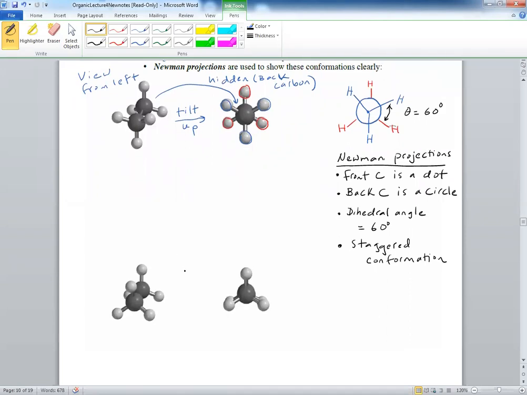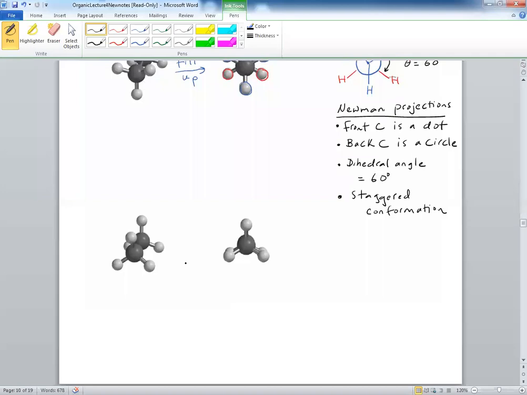Now let's go to the other one. The other one is where you have the eclipse. So once again, if we do a bit of tilting here, we need to tilt this up as we did with the previous one. So let's go back to the blue here. Tilt up.